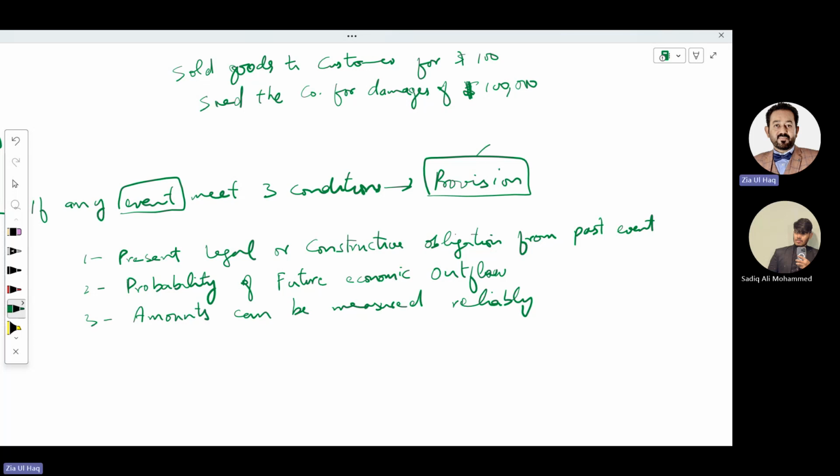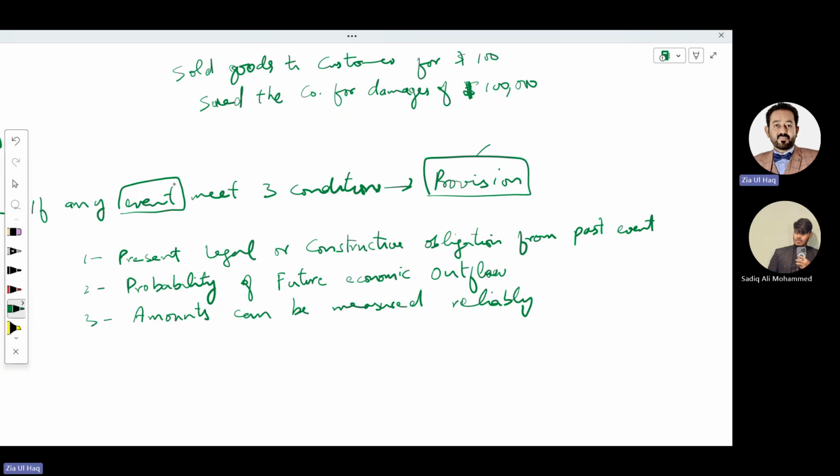So he bought goods for 100. And due to those expired products, he suffered his health badly. For so many weeks, he was unable to do anything. He lost his income, might be he lost his job, and he sued the company for damages of 100,000, like the company needs to pay damages of 100,000.